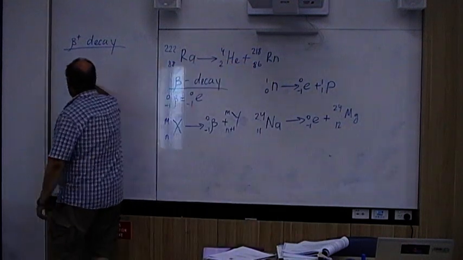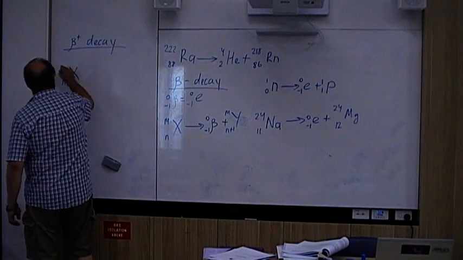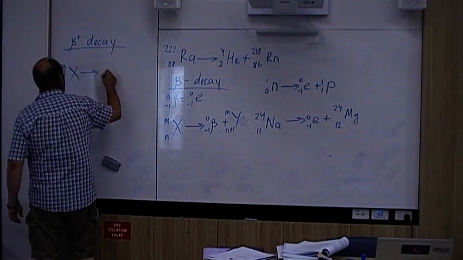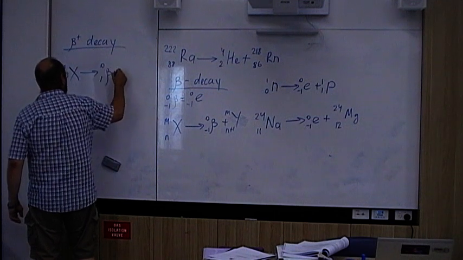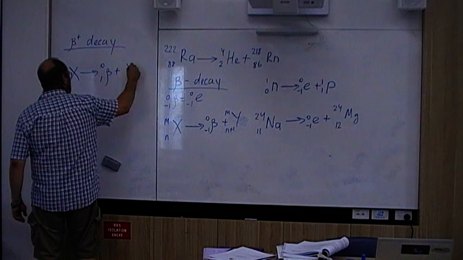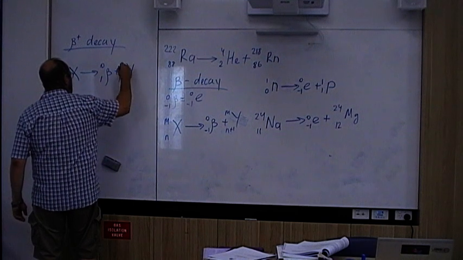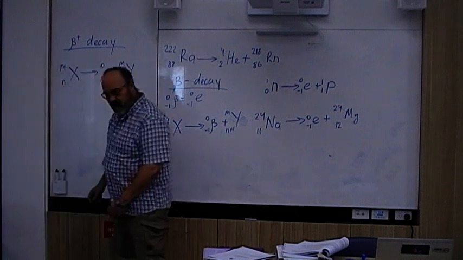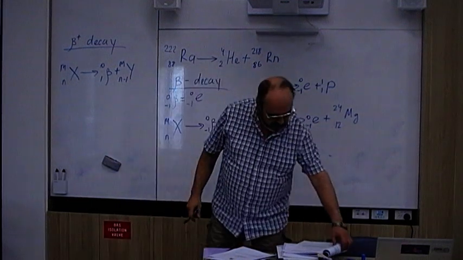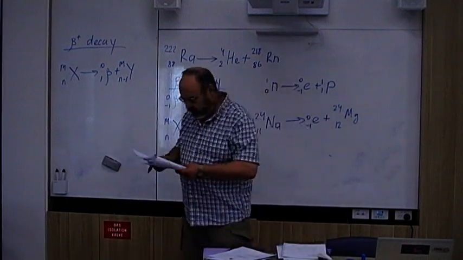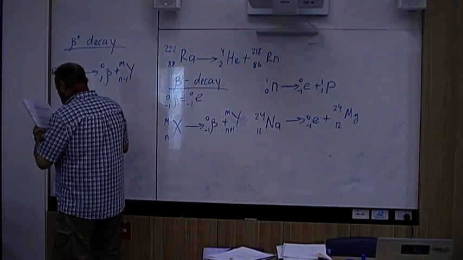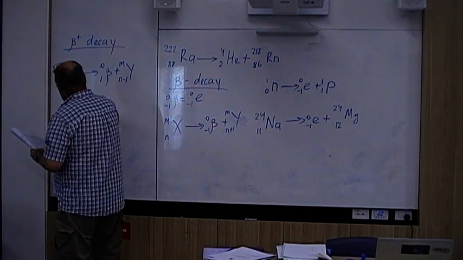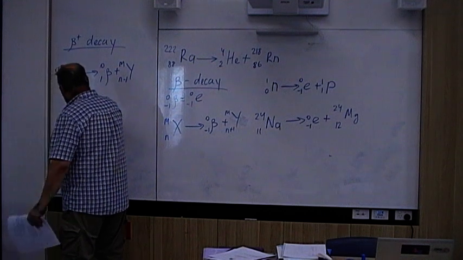So in beta plus decay we have X and M. We have a positron emitted, 1, 0. So what's left will be N minus 1 and the same mass. An example of positron emission is when we have, let's say, boron 5, 8.